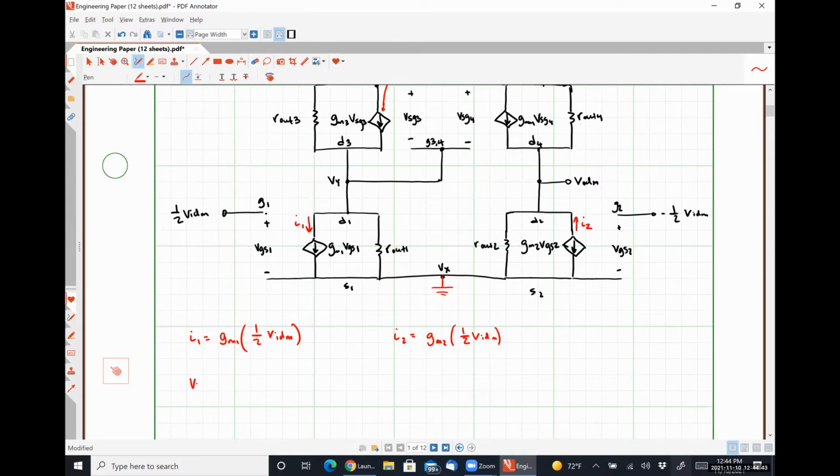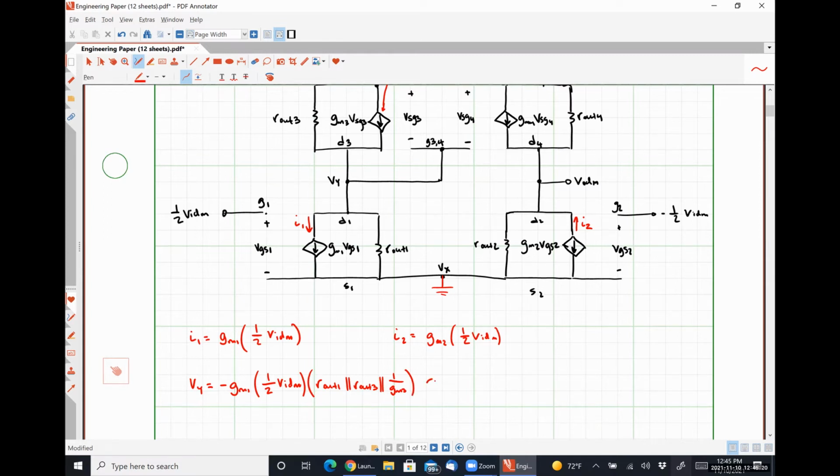So we can say that VY will be negative GM1 times VGS1, which is 1/2 VIDM, multiplied by R out 1 in parallel with R out 3 in parallel with 1 over GM3.